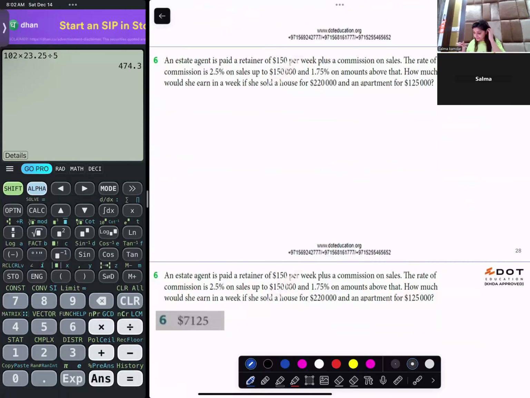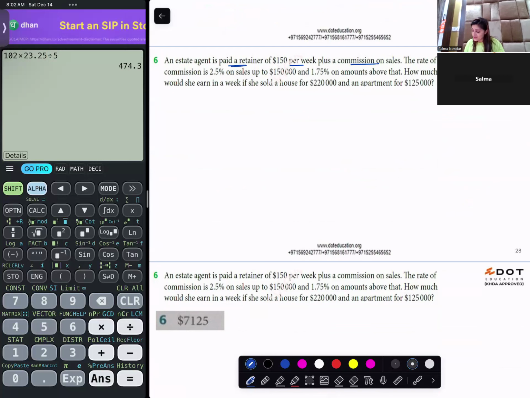Do the next one. An estate agent is paid a retainer of $150 per week plus commission on sales.